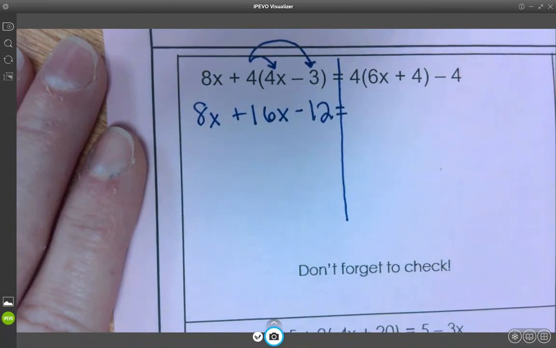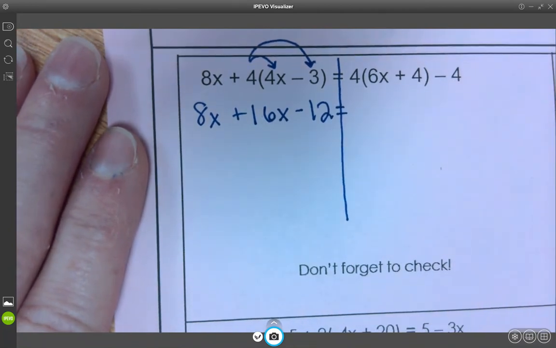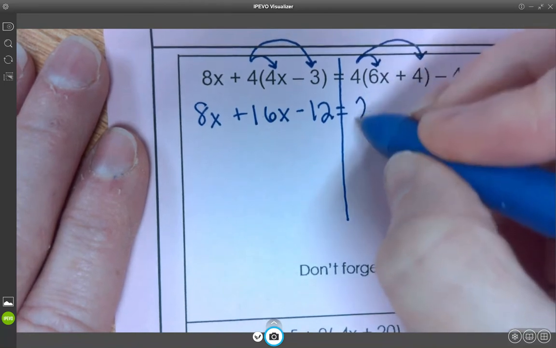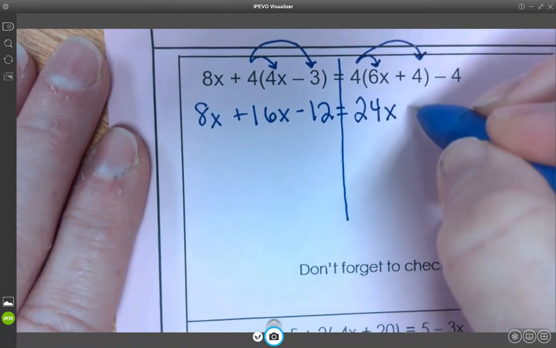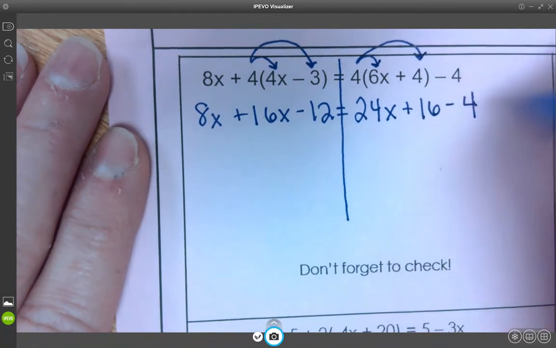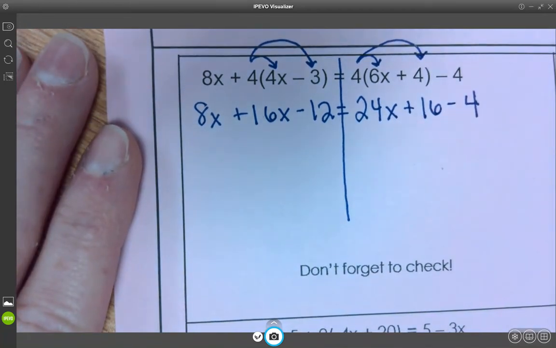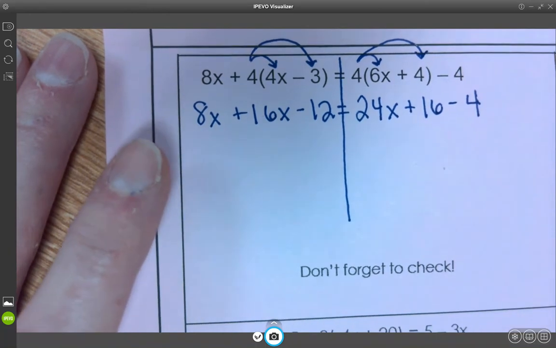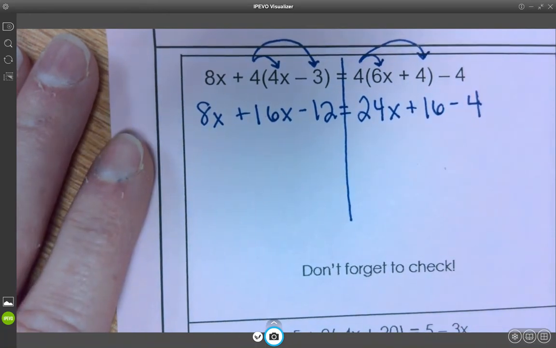You getting it down? Is it working? Following? All right, the next side, what do I need to do? Yep. 24x plus 16, and then minus 4. Okay, we need to combine like terms on the left side.